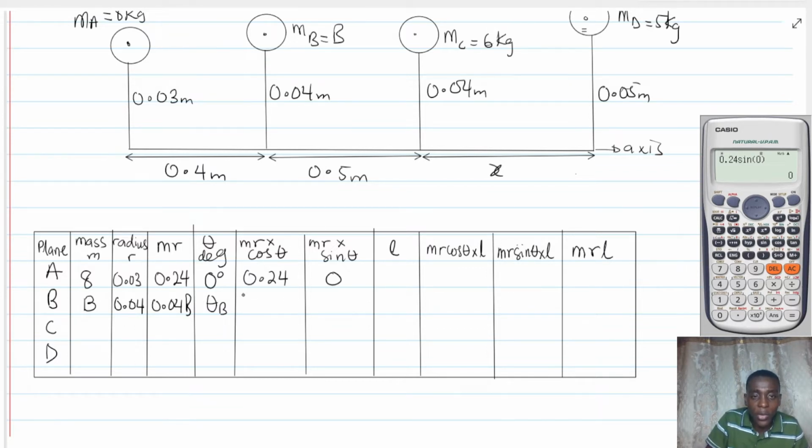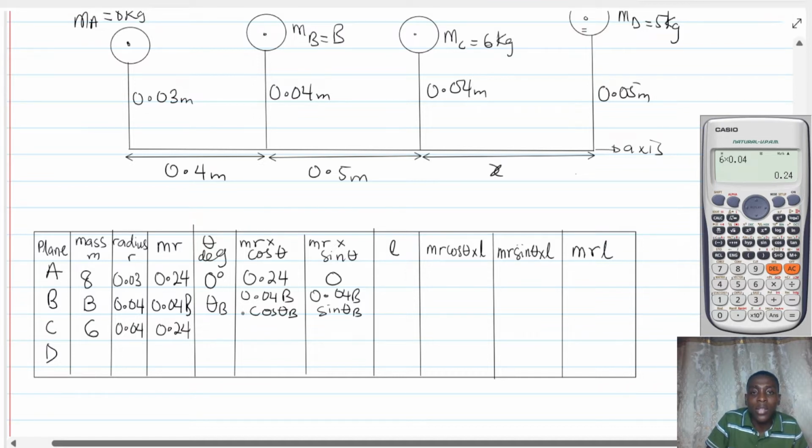So what we will do is just write 0.04 B cosine theta B. Alright. Similarly, 0.04 B sine of theta B. Okay. For mass C, we know the mass is 6 kg, and this is also 0.04. And so if I multiply 6 by 0.04, I'm going to get 0.24 again.